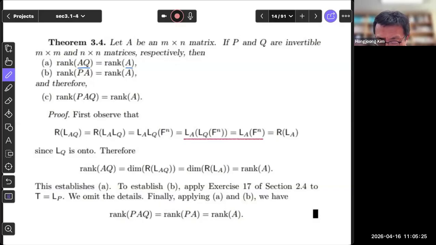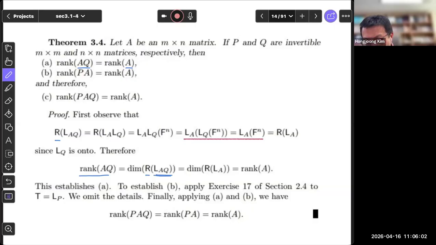First of all, what is the rank of A times Q? The rank of A times Q is defined by the rank of the linear transformation representing the composite of A and Q, right? So this is defined by the dimension of the range of this linear mapping.